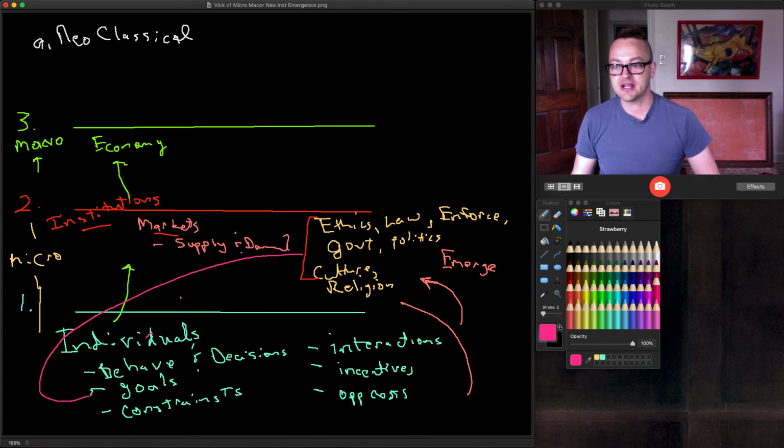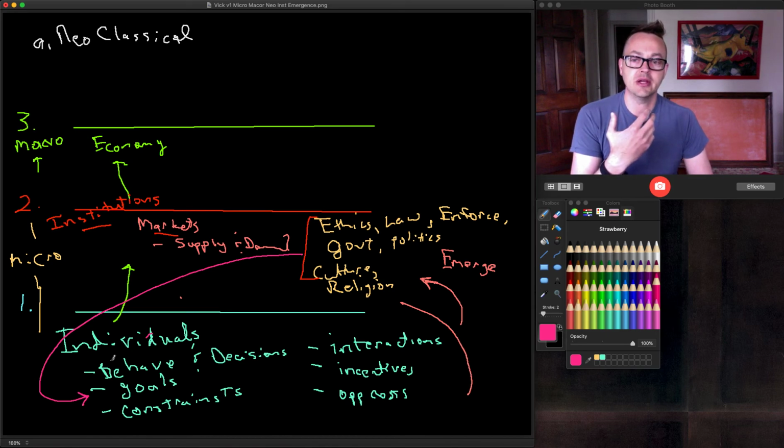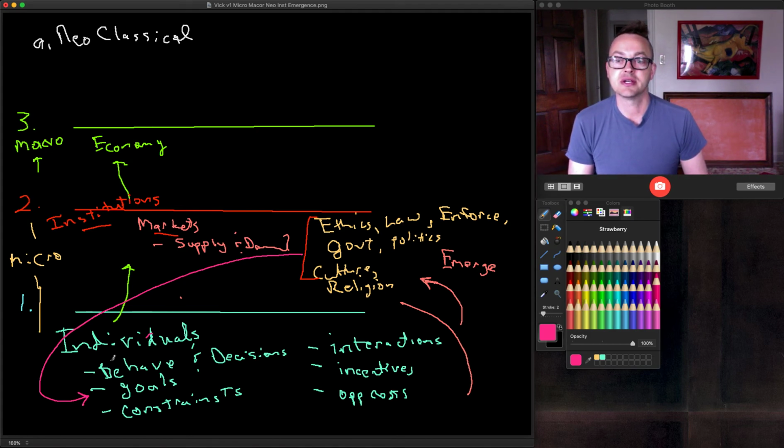So many of these affect our constraints. If culture is wanting me or pushing me towards one type of work, it's having an effect on my goals. It's either expanding my goals or maybe it's constraining them because I stop looking at other things. So not only do you have one flow of this emergence coming from individual people, but once institutions are established, they can lead to changes at our individual level, making the study of all this stuff much more complex.